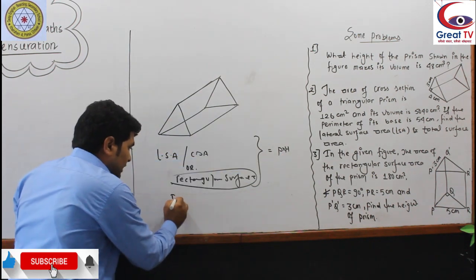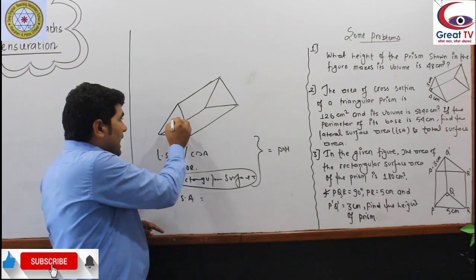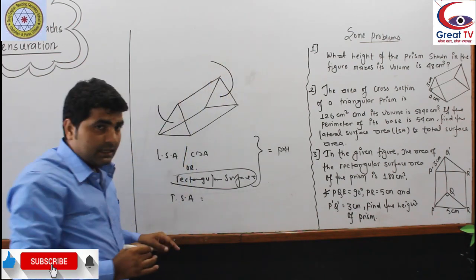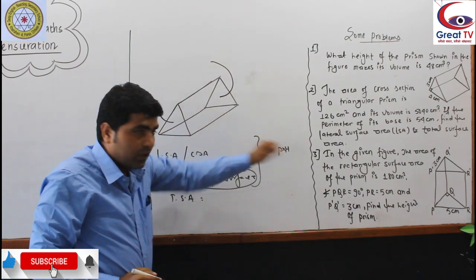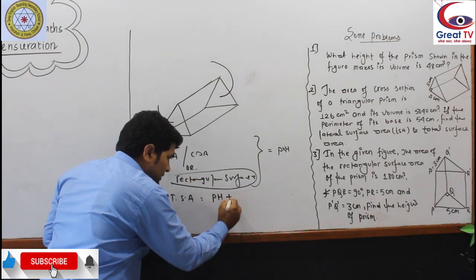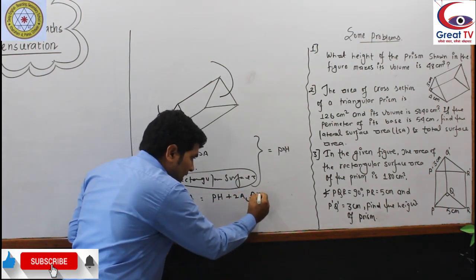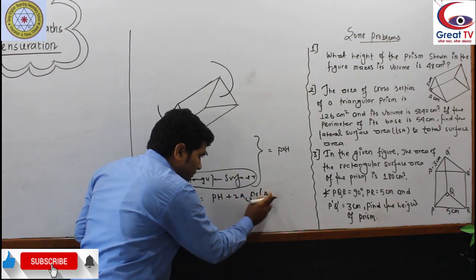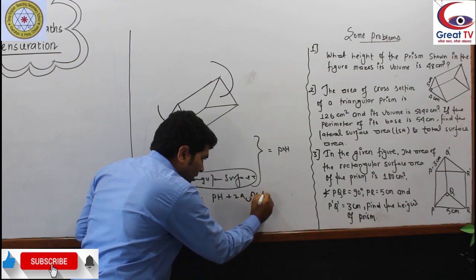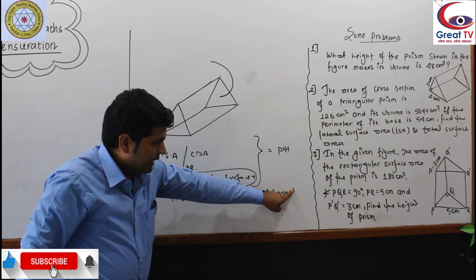Similarly, TSA, total surface area. Now we add the two bases of this prism to the LSA of this prism. That means Ph plus 2A. A means area of base.